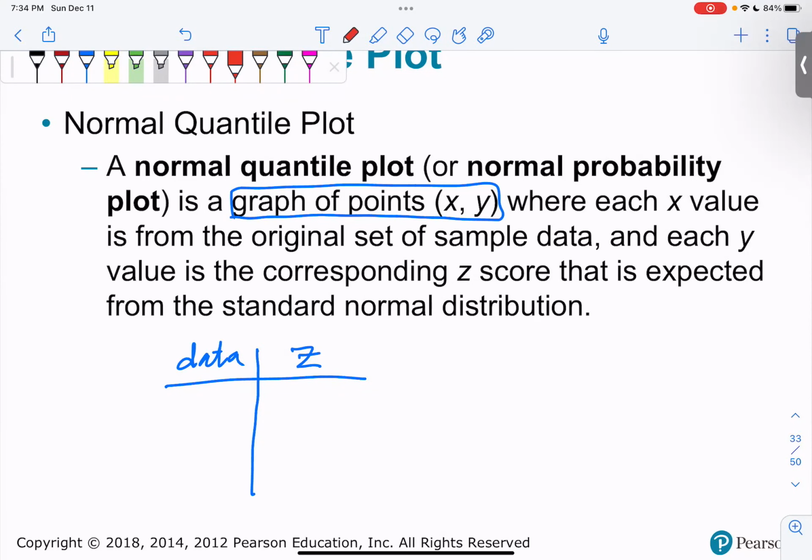So for example, if we have data like this: 125, 229, 234, 236, and 257, and then the values for Z. We will learn how to calculate those values manually and using technology.